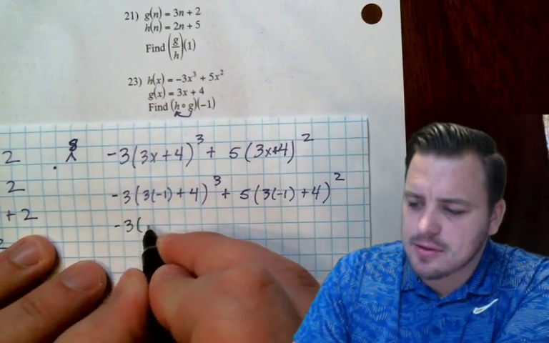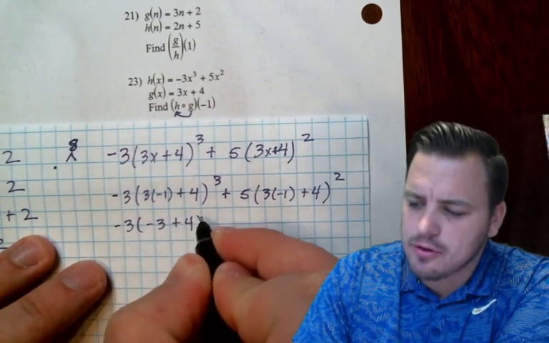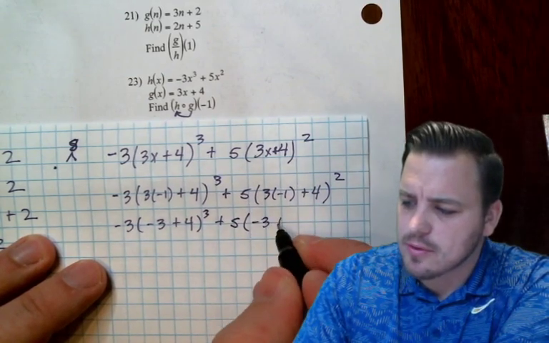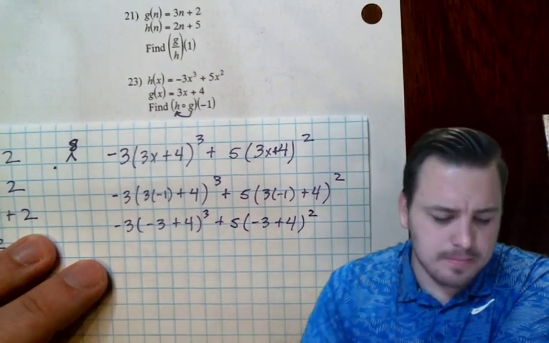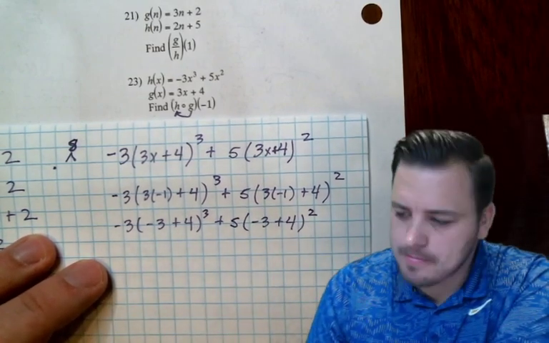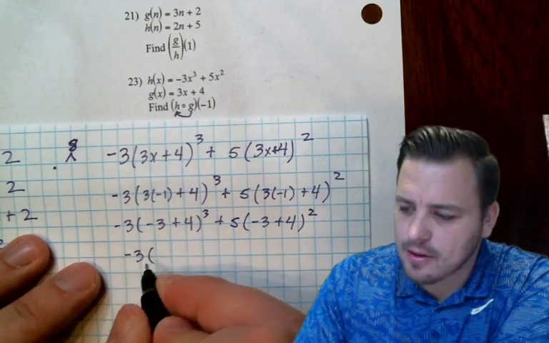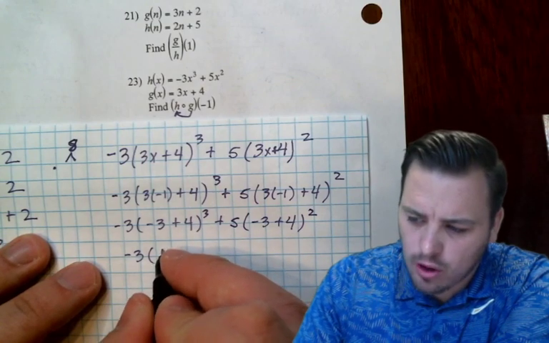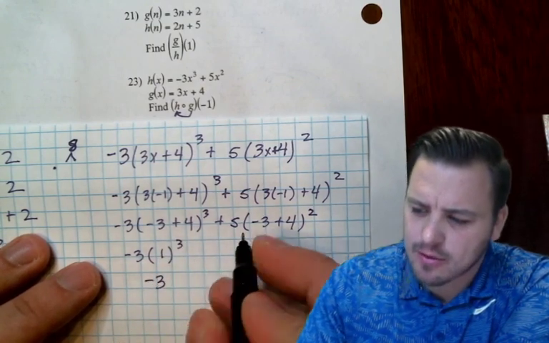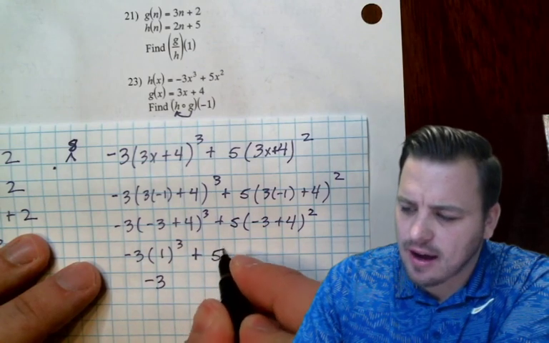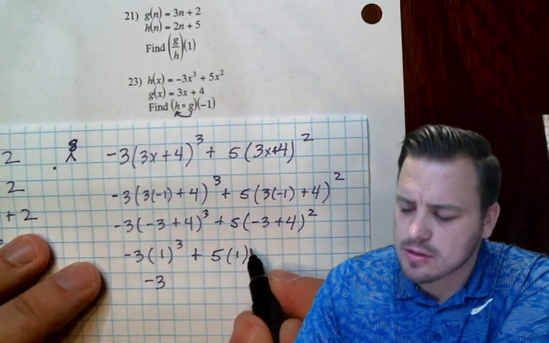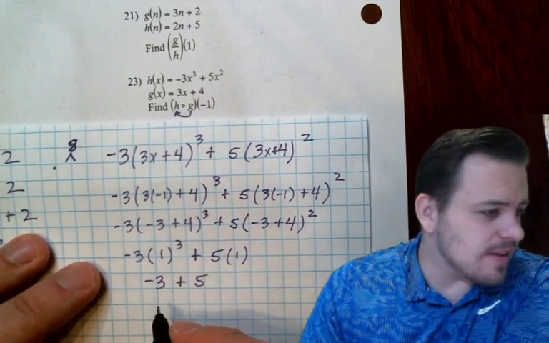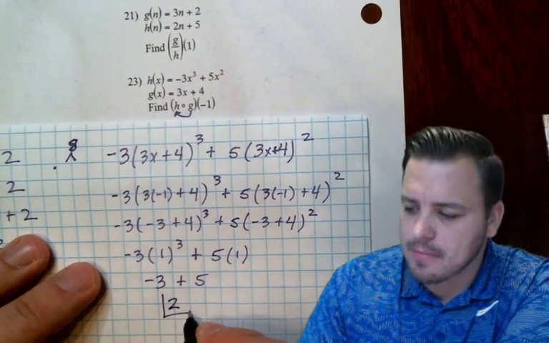That would take us to (-3 plus 4) cubed plus 5 times (-3 plus 4) squared. -3 plus 4 would be +1 cubed. So that would just make that -3. And then same thing here, that is going to give us +1. 1 squared is 1, and then that would give us +5. So I should find the answer to be 2 on the answer key. And it is.